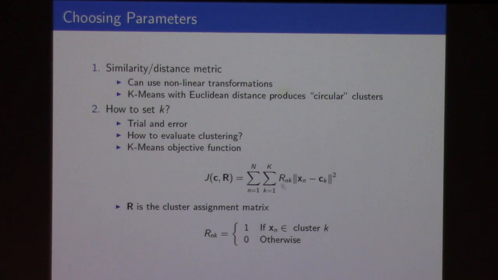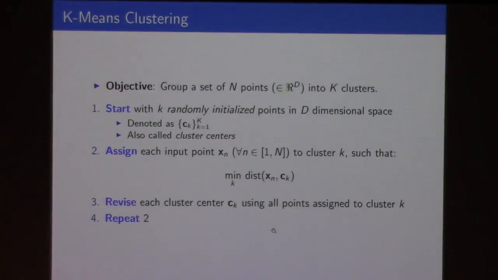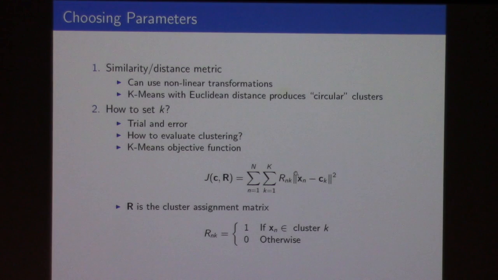See, here this r_nk is here, right? So r_nk is 1 if x_n belongs to c_k, and r_nk is 0 if x_n does not belong to c_k, right? And belonging or not belonging is determined by this value, right? Whichever is the minimum. So it becomes a very nasty objective function to really apply. So that's why we rather go with a more heuristic fashion.